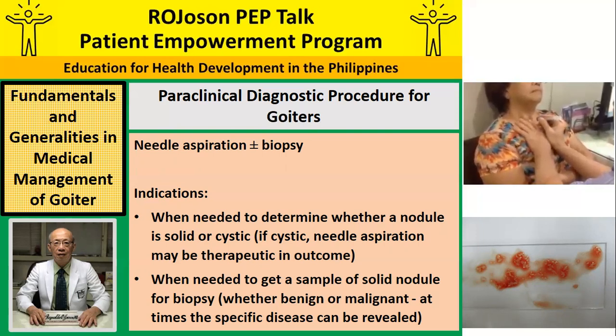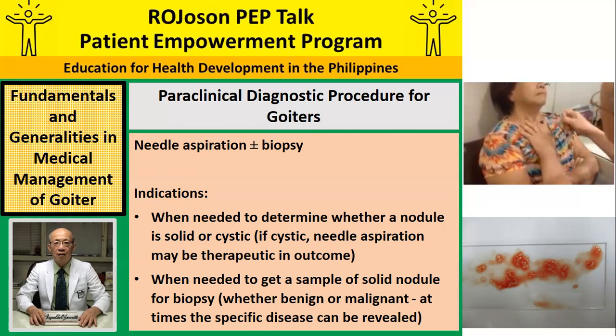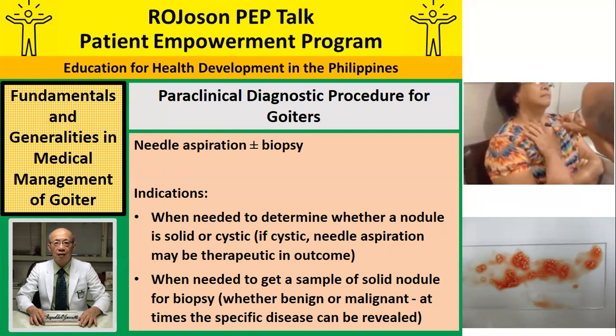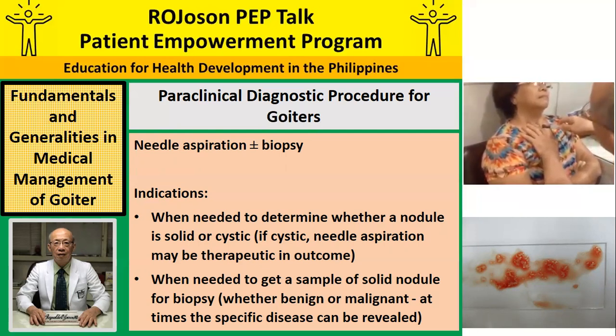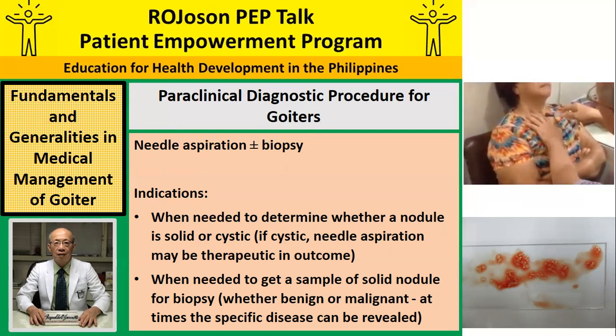Simple needle inserted into the mass with the patient sitting down. Can be done in the clinic. Then the physician aspirates, and you can see some of the fluid coming out. So this turned out to be a colloid cyst.